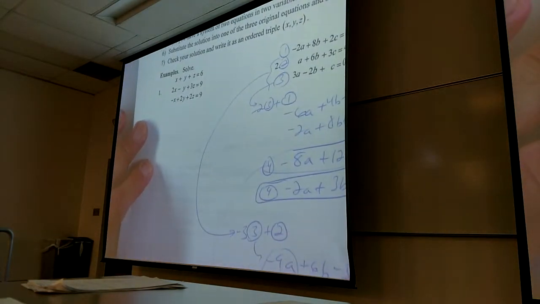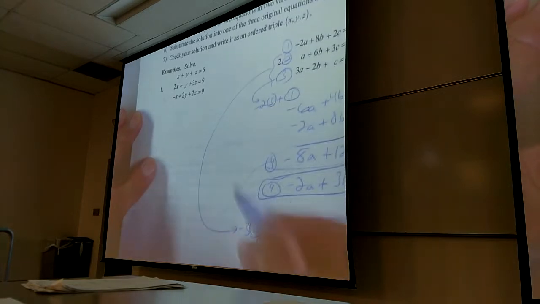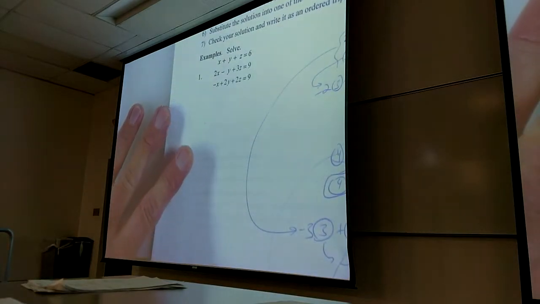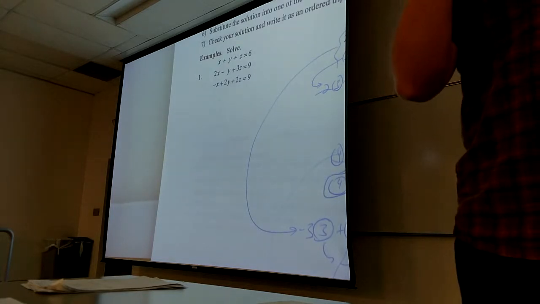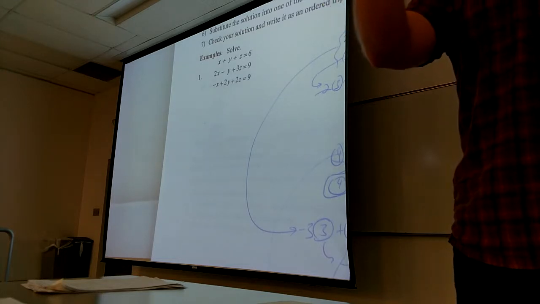Now, to get into the next idea, notice, let me point out a couple things, because we're about to get into an idea that's more general than just this one section.